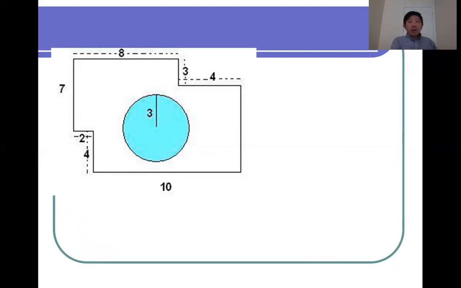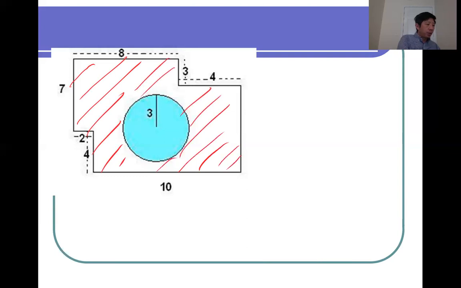Now, what about the area? Let's say we want to find the shaded region of this area, right? How are we finding this? Can we think of this as a whole rectangle?